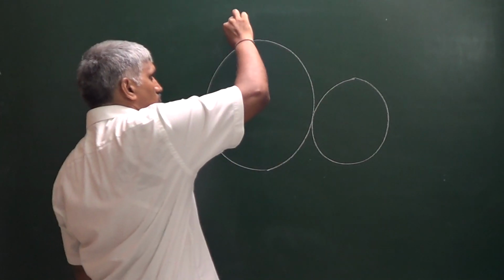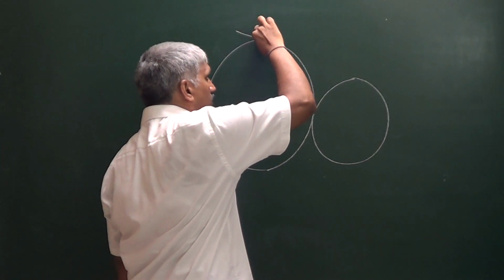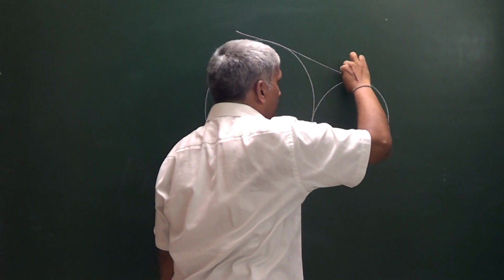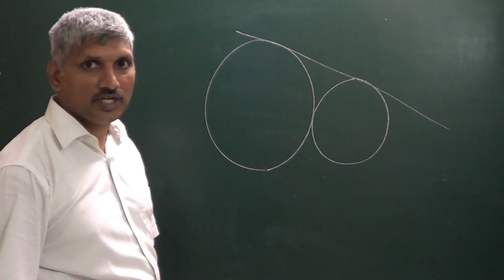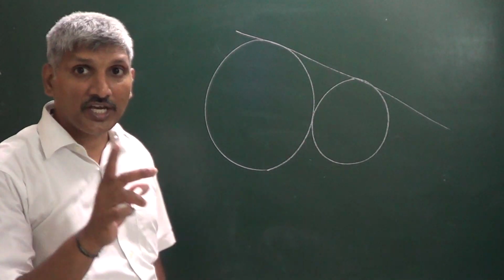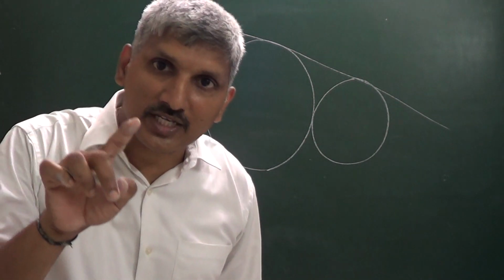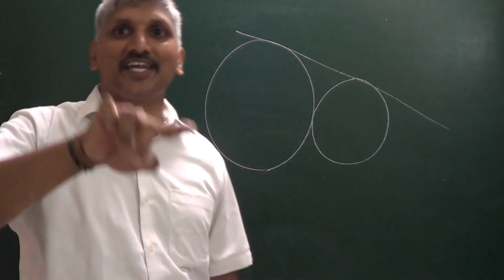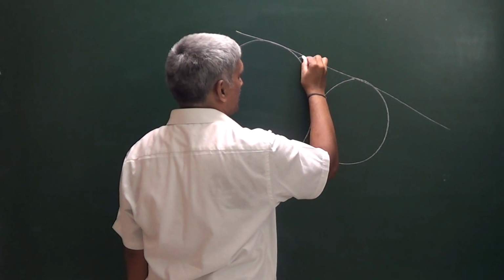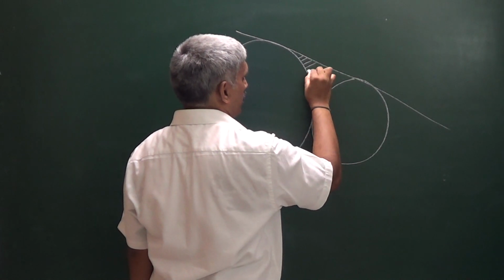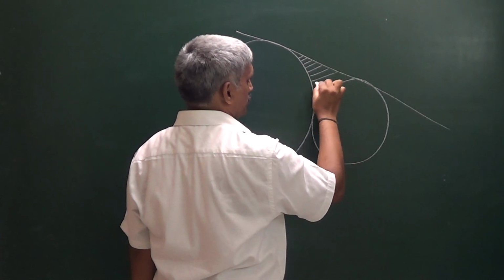Right. So this is say one common tangent, which is called a direct common tangent. What he is asking in the question is, find the area bounded between the circle and also the direct common tangent. One of the direct common tangents. That means he is asking us to find the area of this shaded portion.